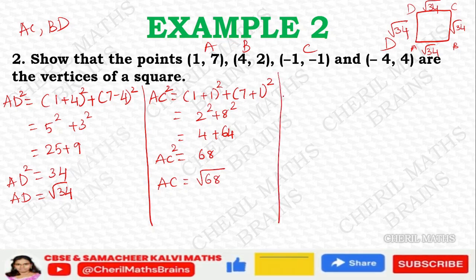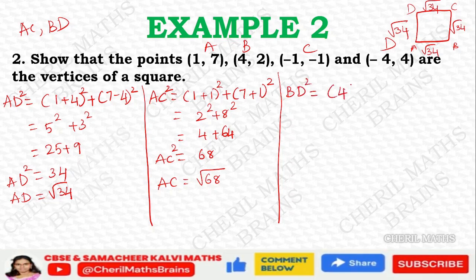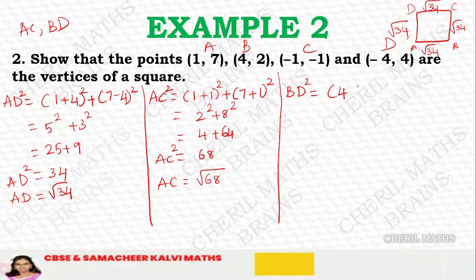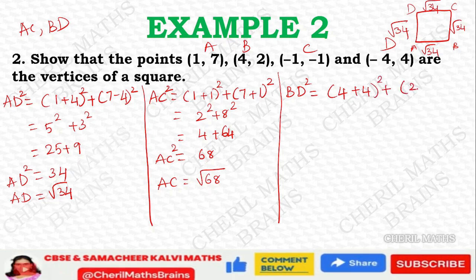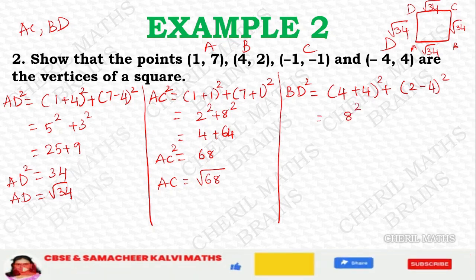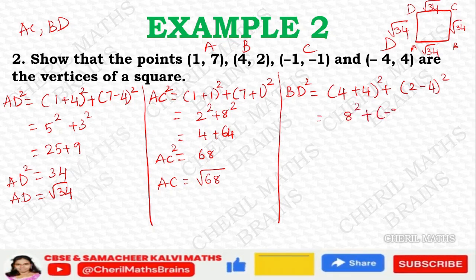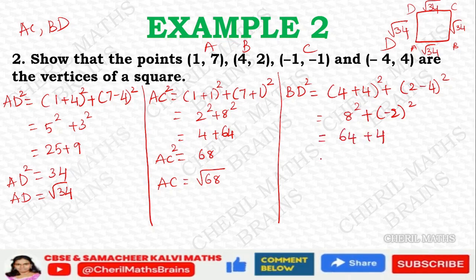Now we will do BD square. BD square will be 4 minus of minus 4, so 4 plus 4 the whole square plus 2 minus 4 the whole square. It will be 8 square plus minus 2 the whole square, so 64 plus 4, which is 68.